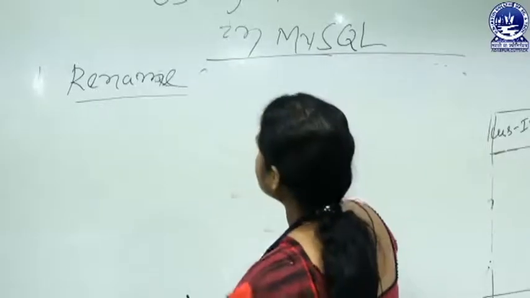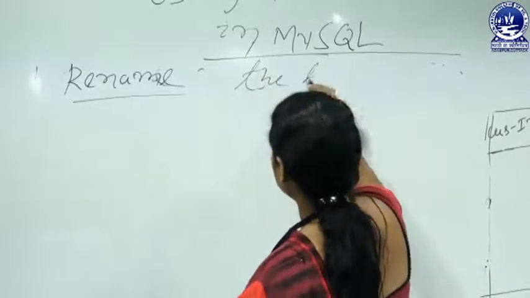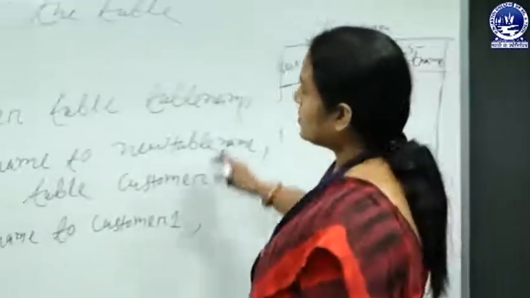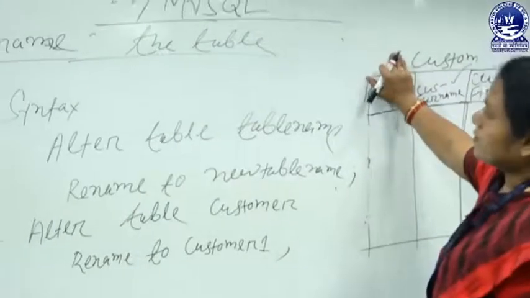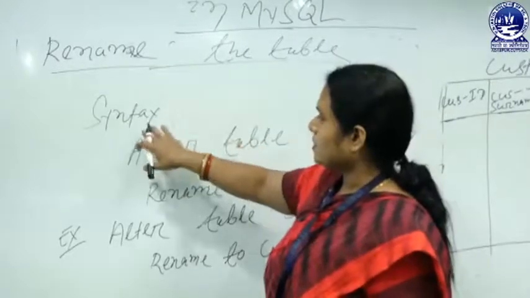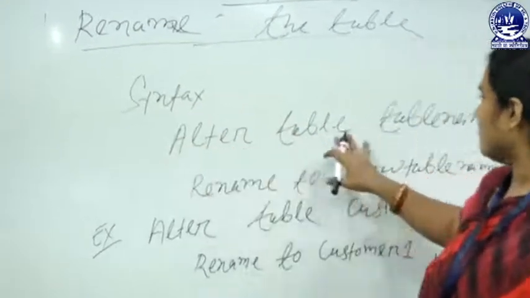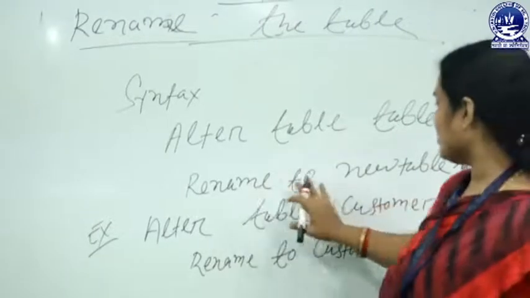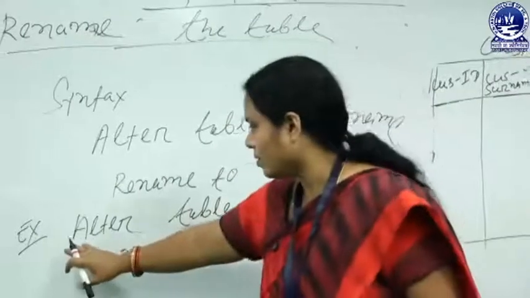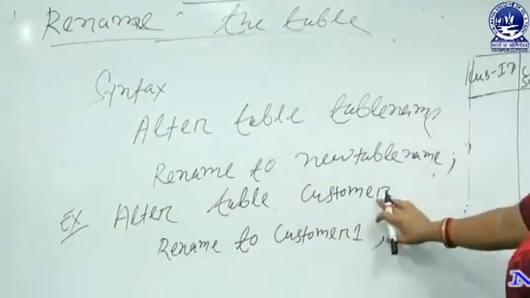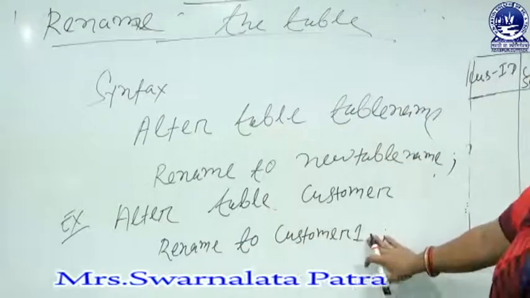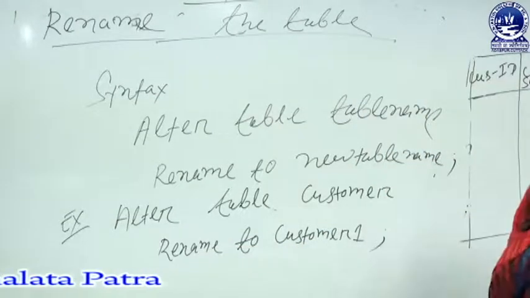Next command is rename the table. Suppose I want to rename the table. For that we use the rename command with the syntax: alter table, table name, rename to new table name, semicolon. Example: alter table customer rename to customer1. Here customer is renamed to customer1.